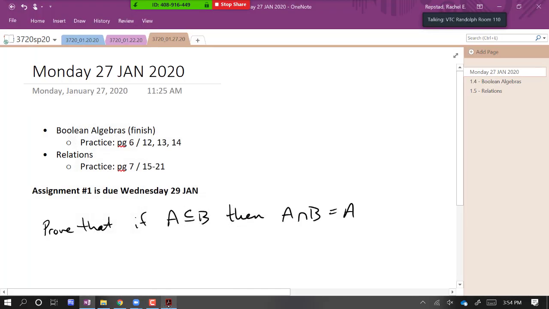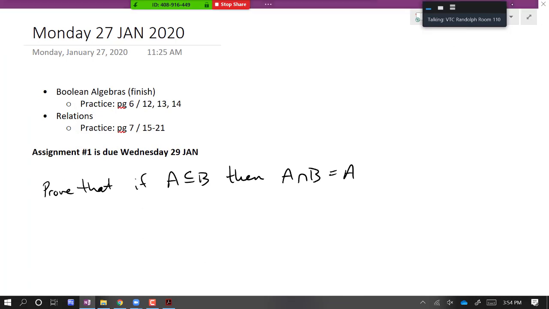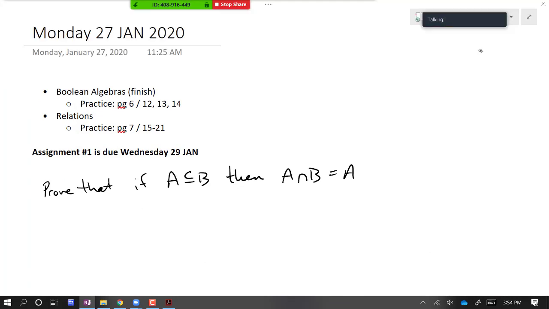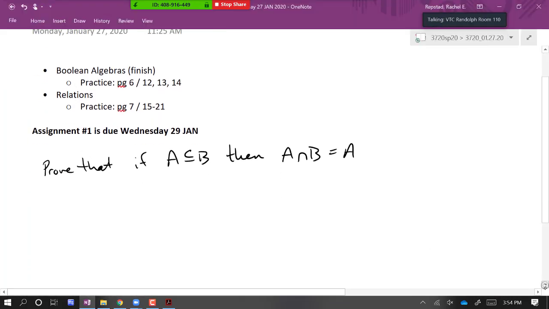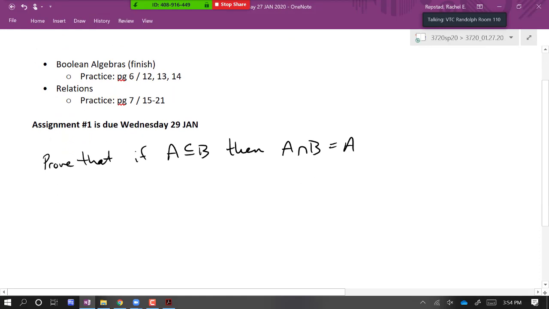Okay. So it's an if-then proof. In an if-then proof, we're just going to suppose that the if statement is true and then show that the then statement is true. So here's our proof.